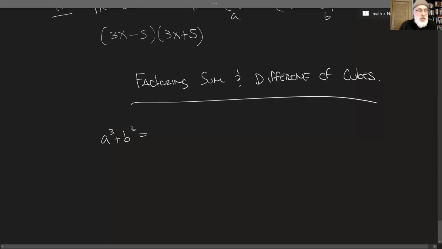If we have this particular form, it tells us that we can factor this way. And if we have a cubed minus b cubed, we can factor it this way.